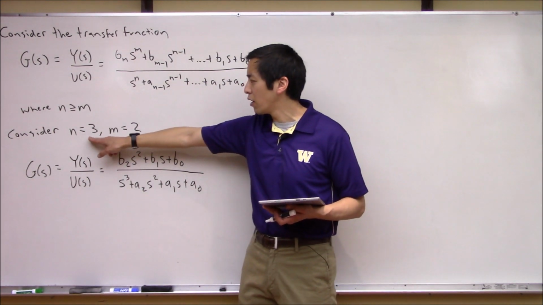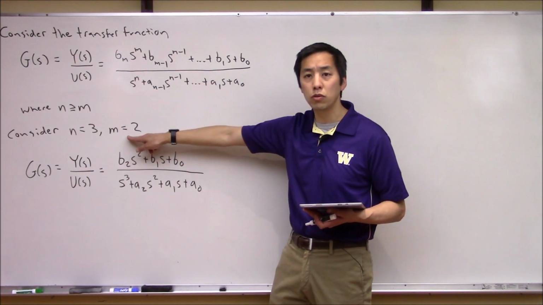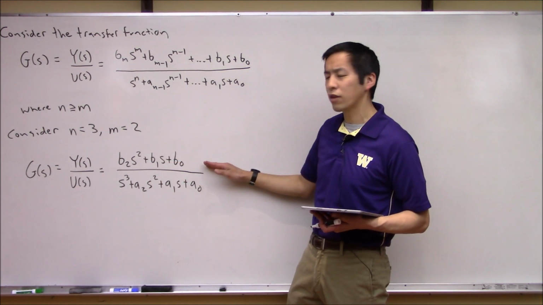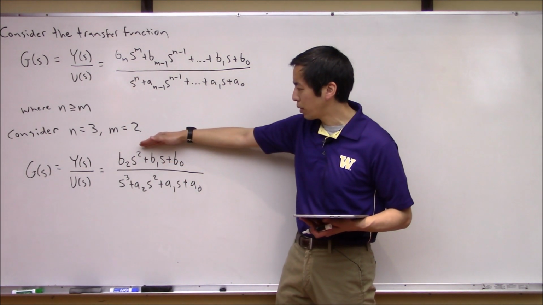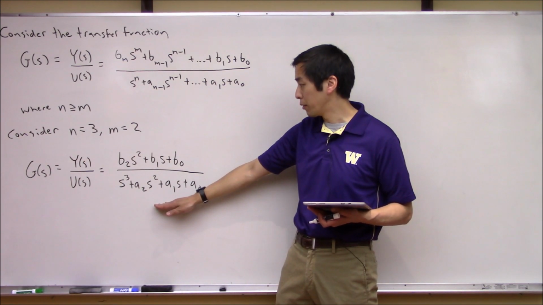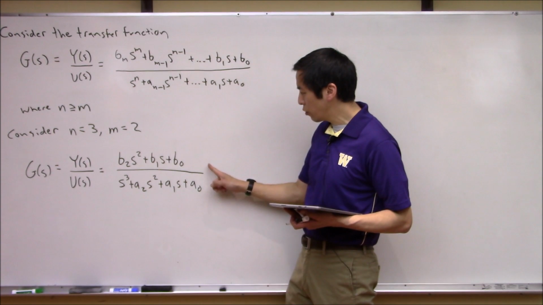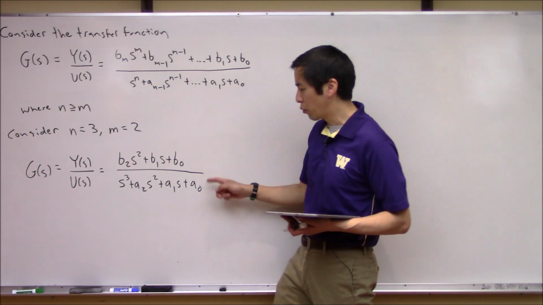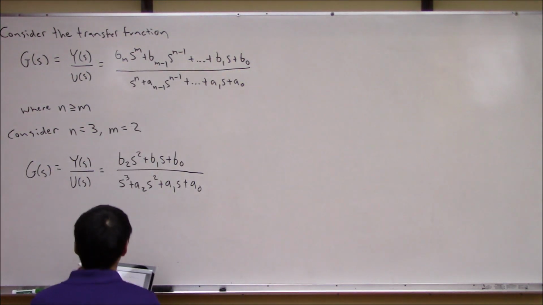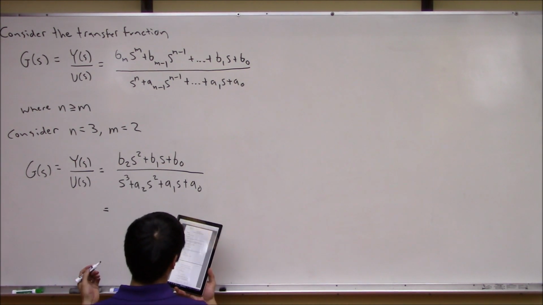I always like to look at concrete examples. So let's consider the case where you have 3 poles and 2 zeros. Your transfer function is going to look something like this: a second order polynomial on top of a third order polynomial. Now, we could rewrite this transfer function if we wanted to. Let's break this up into 3 different components.